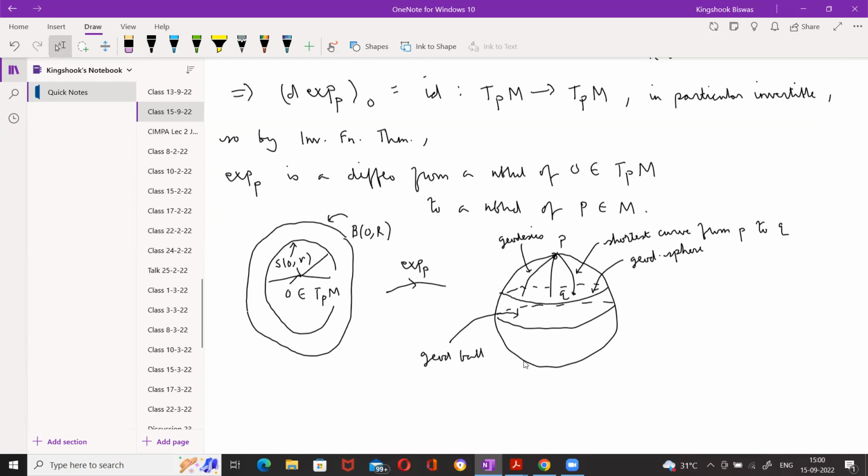Which is just the image of a straight line through the origin in the tangent space. And that geodesic, it turns out, is the shortest curve in the whole manifold joining P to Q.